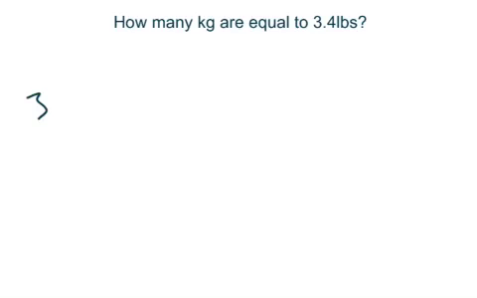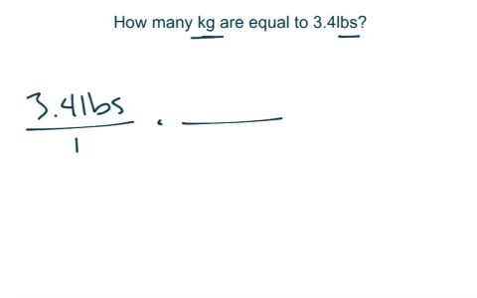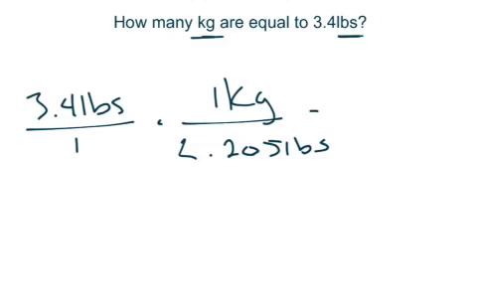If we have 3.4 pounds, again, always starting with the number in the question, that's over an invisible 1. We're going to set up the conversion between kilograms and pounds, which the book says is 2.205 pounds for every 1 kilogram.